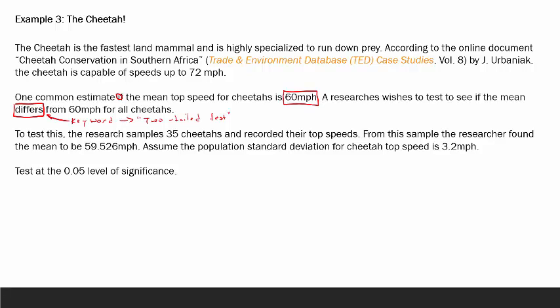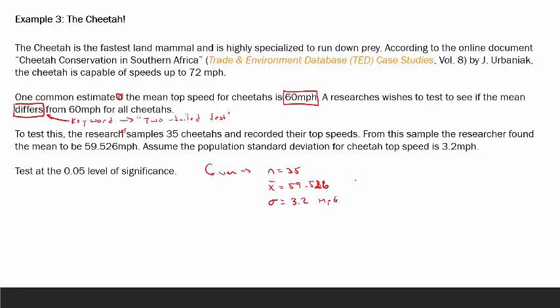To test, the researcher samples, so this is what you're given. You're given the sample size of 35, and he or she records their top speeds. From the sample, the researcher found the sample mean to be 59.526 miles per hour, and assume the population standard deviation for cheetah top speed is 3.2 miles per hour.